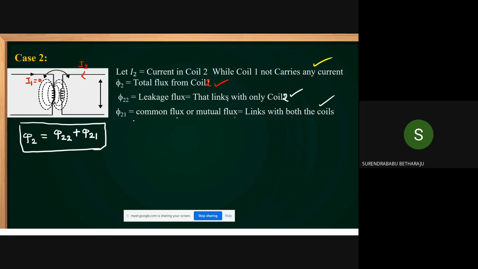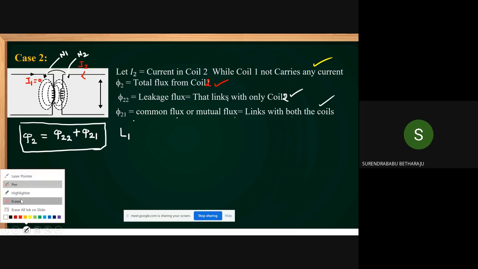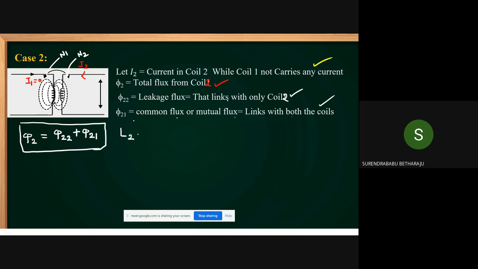Here also the same: let the number of turns in coil 1 be N1 and the number of turns in coil 2 be N2. Clear? Now tell me, what is the self-inductance of coil 2? L2 equal to N2 into phi 2 by I2.